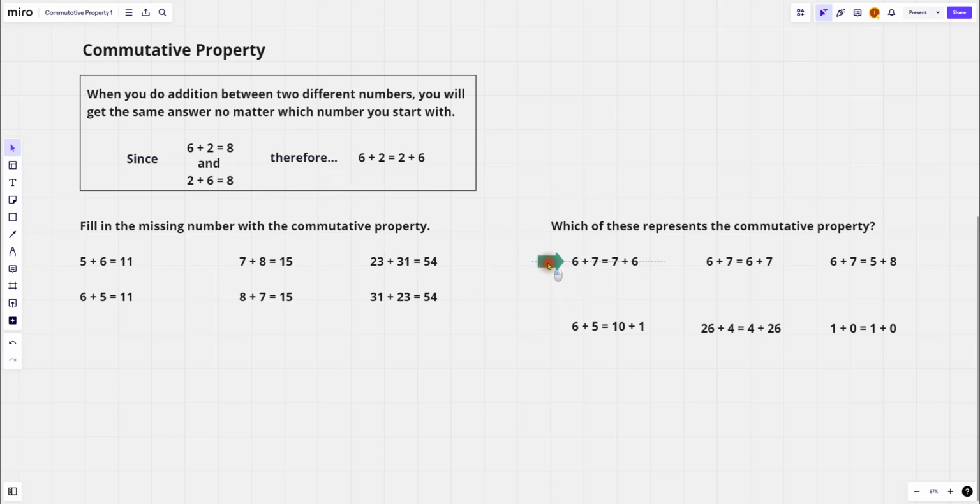So let's look at this first one. 6 plus 7 equals 7 plus 6. Does that look similar to that? Where I'm adding two different numbers, and then on the other side, I'm just reversing the numbers, right? So this does demonstrate the commutative property. So we are going to put a circle around that one. And we're going to make it a green circle.